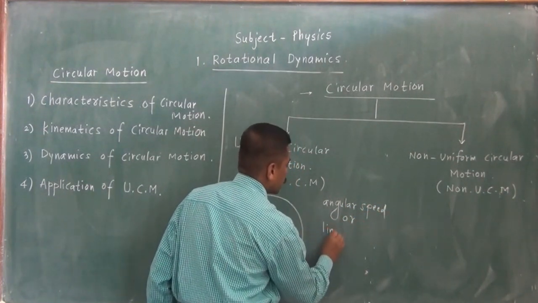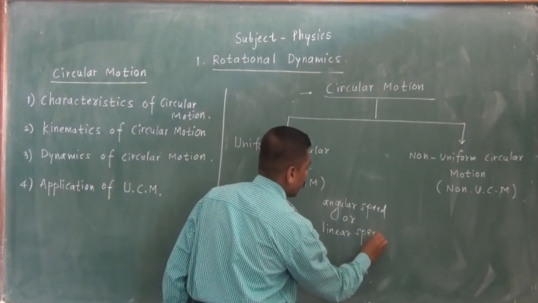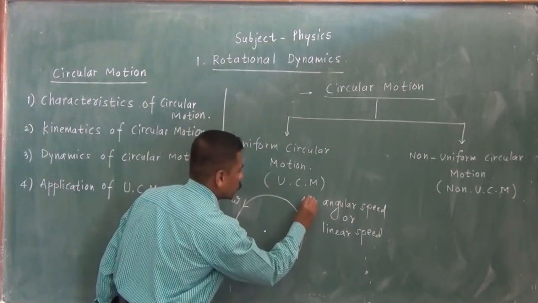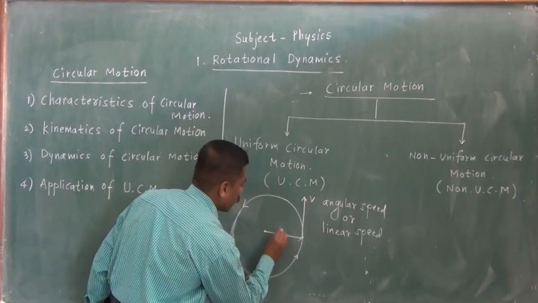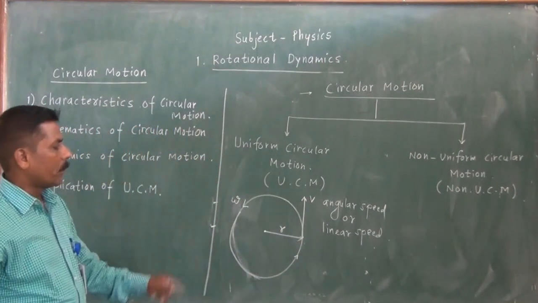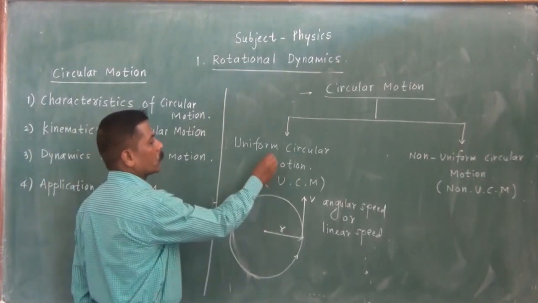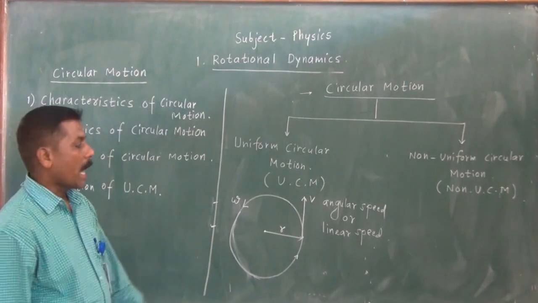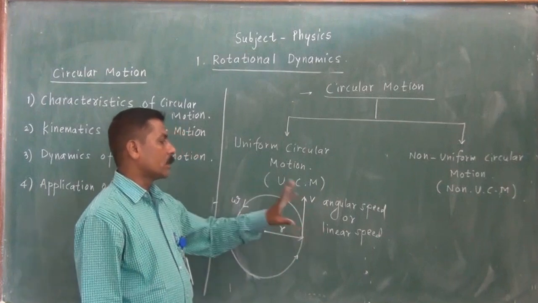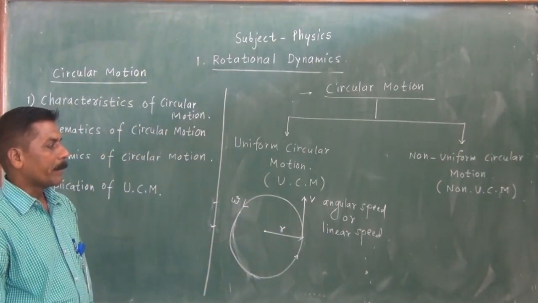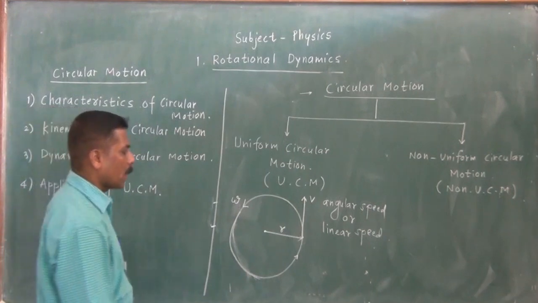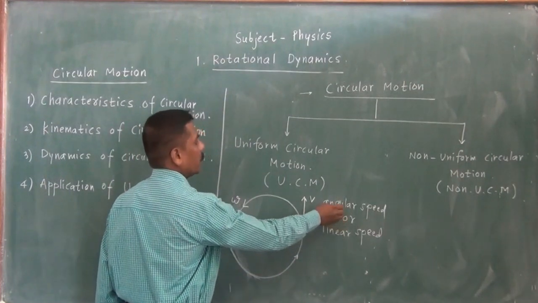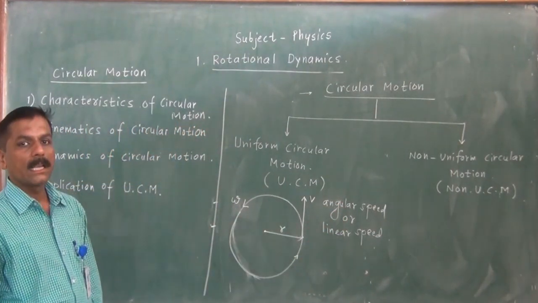Or we can say linear speed, because if this is the position of the particle, let this be the tangential velocity, and this is the radius or the position vector. So you will get an idea about this. So uniform circular motion means the circular motion in which the angular speed or linear speed of the particle remains constant. म्हणजे जेव्हा पार्टिकल गोलाकार मार्गाने फिरणार आहे तेव्हा त्याचं लिनियर स्पीड किंवा अँग्युलर स्पीड कॉन्स्टंट असायला पाहिजे.